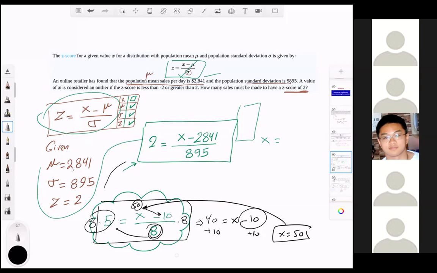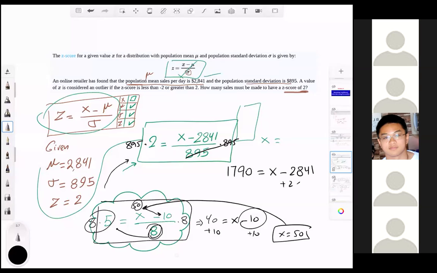Now this is a bigger number, but we have a calculator. So I multiply by 895 to get rid of the denominator. 2 times 895 is 1790, equal to x minus 2,841.